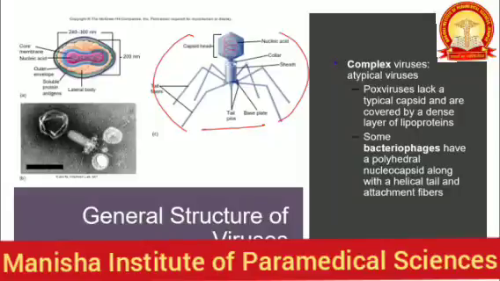They have an icosahedral head, a very thin collar, a helical sheath, and a base plate. Tail fibers are attached to it, so it's very complex with multiple components. That's why we call them complex viruses, because they have multiple components all together.